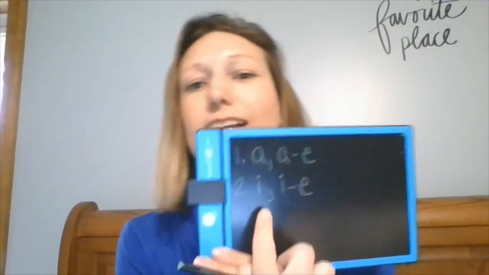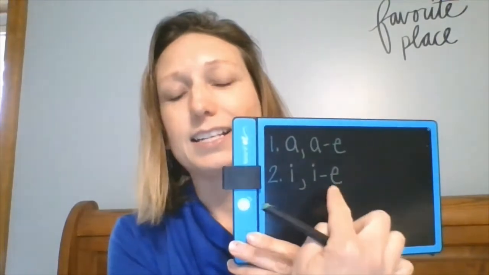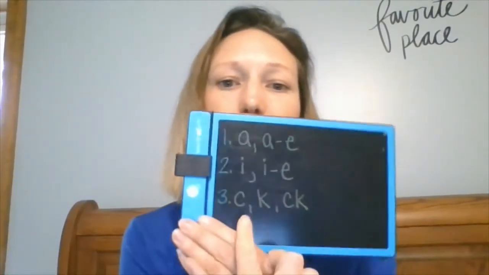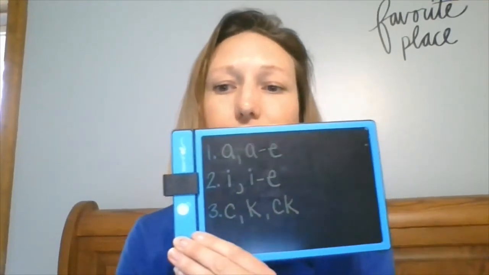Same way we did A. I or I consonant E. Number 3, 3 ways to write K. You have C, K, and CK.